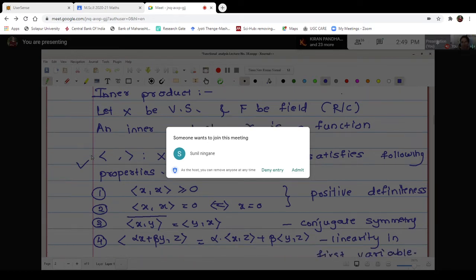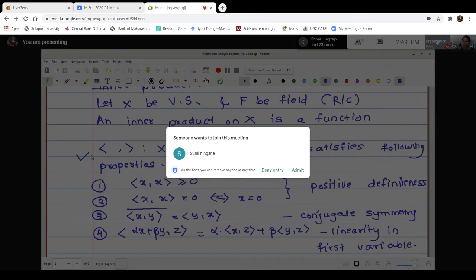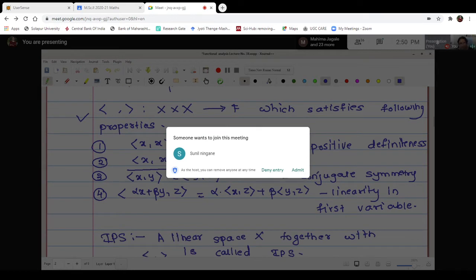Fourth property is that inner product of alpha X plus beta Y with Z is equal to alpha times inner product X with Z plus beta times inner product Y with Z. This property is very similar to a multiplication property.